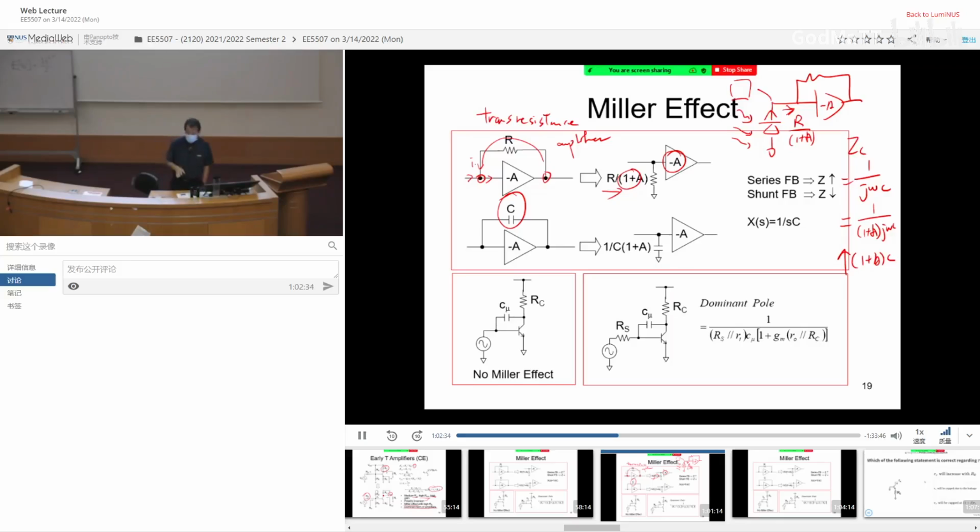There is a scenario where you want to build a filter and you want the cutoff frequency to be very, very small. What kind of scenario? I just had a heart attack. So this issue is dearest to me. Why? ECG. You are measuring your ECG.